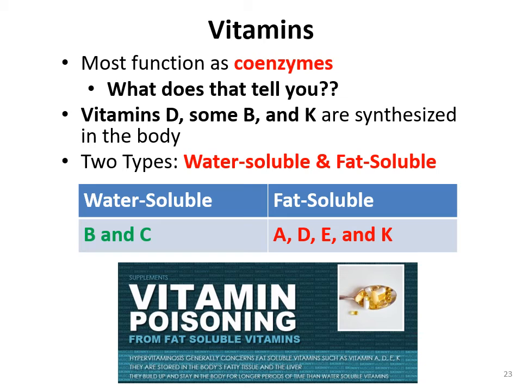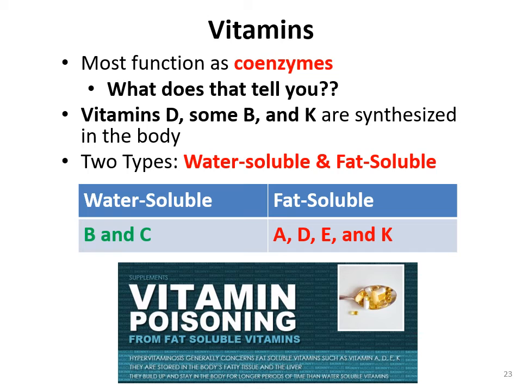Fat-soluble vitamins, on the other hand, those dissolve in fats and break down like lipids. That means that they require the bile acids to be dissolved, for these vitamins to be dissolved and then absorbed. And these fat-soluble ones end up getting stored in your body.